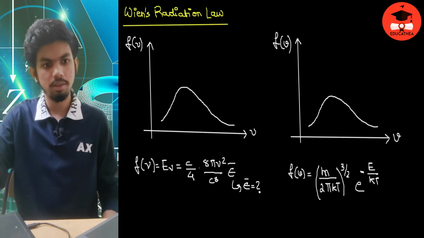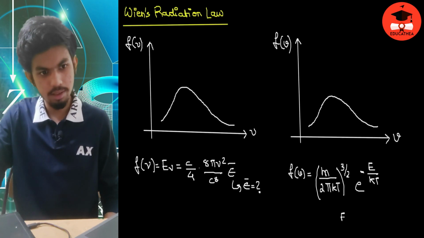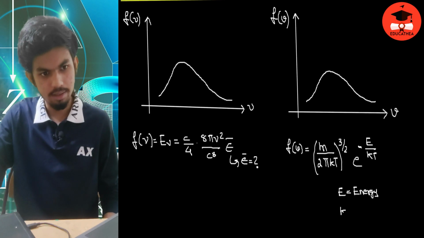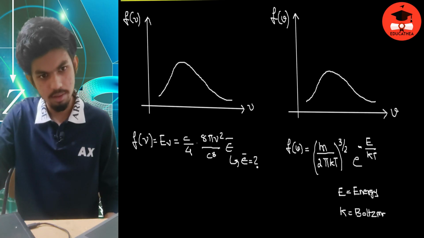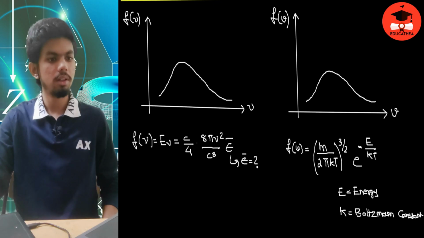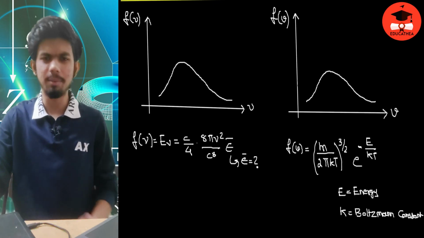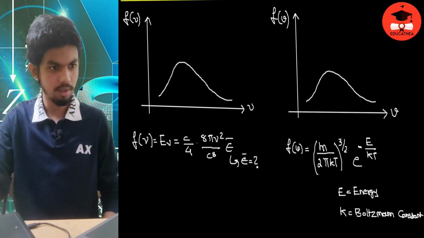Now what is this? E here is the energy of the gas molecules and k is the Boltzmann constant, right?